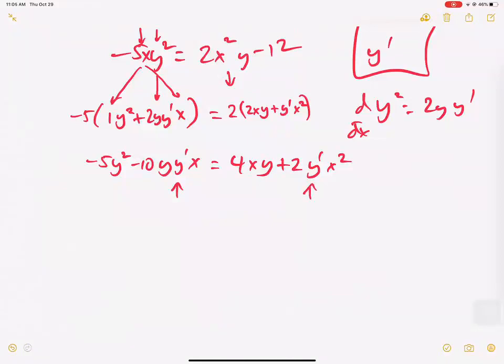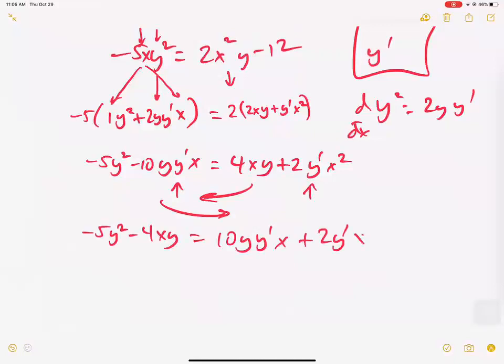We need y prime on one side, and we'll factor and flush everyone out. So I want to move everything to the right side because I don't want that -10. -5y squared minus 4xy. Move this guy over. Move this guy over. It's going to be 10y, y prime x plus 2y prime x squared.